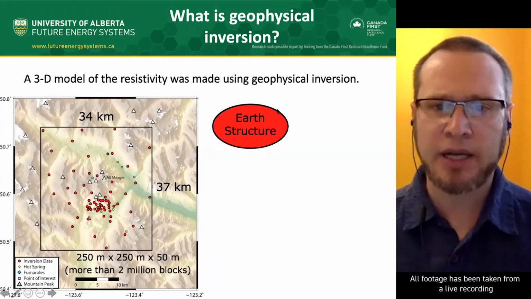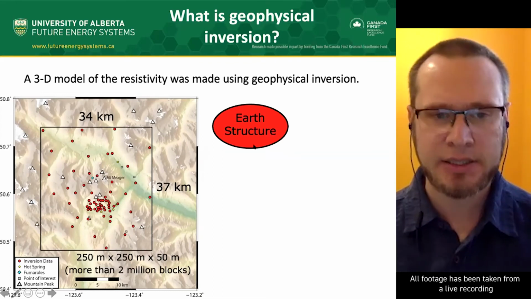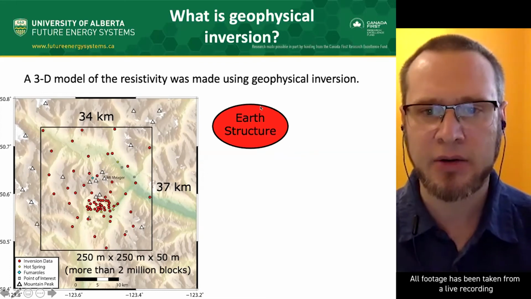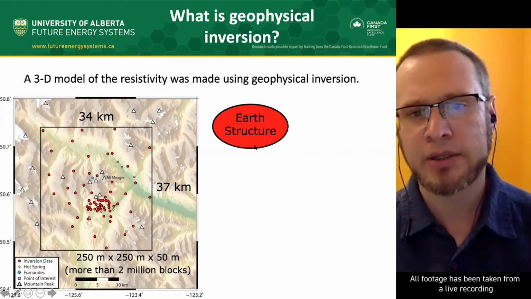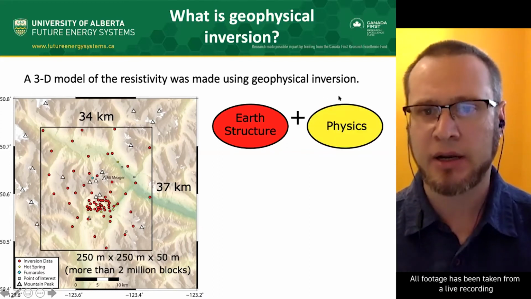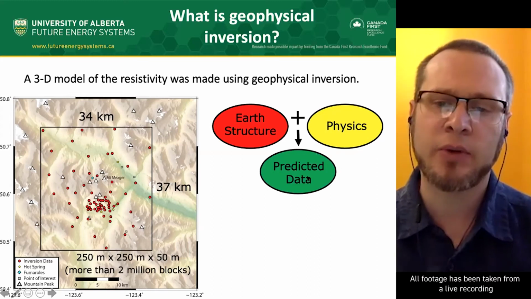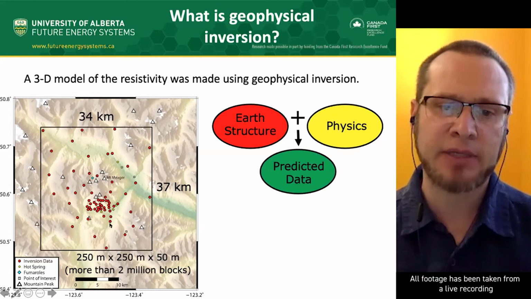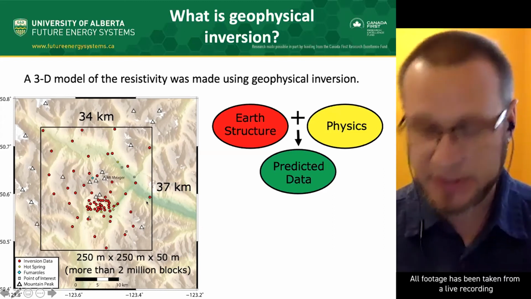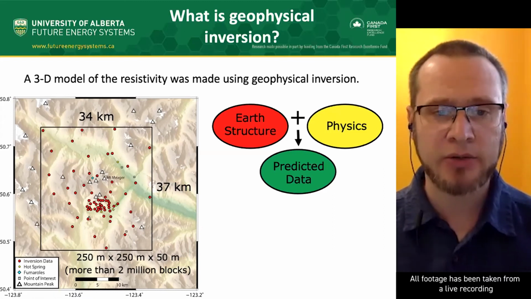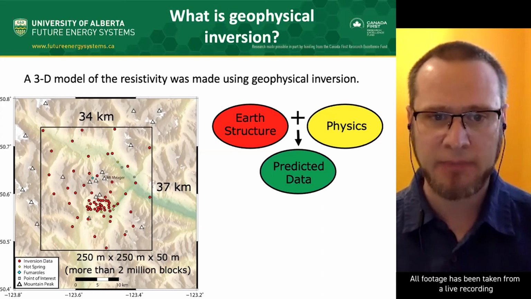So if we were lucky enough to be able to kind of see into the Earth magically and know exactly what was down there, we could combine that with our knowledge of physics, and it would tell us what data we would expect to find, for example, at each of these red dots. Obviously, we can't do that. So what I do is I go out into the field and I measure data.